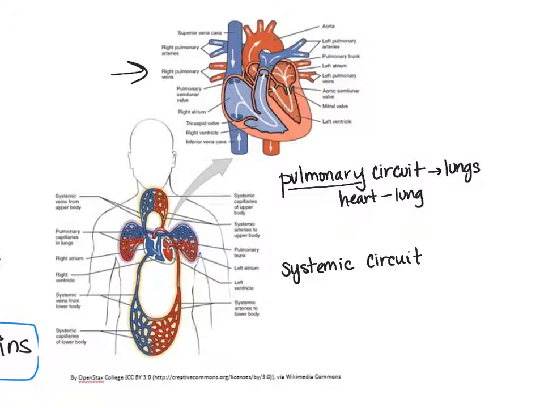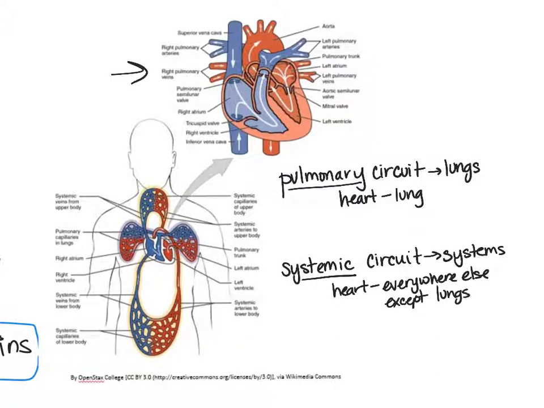Our systemic circuit, as it implies, is going to the rest of the systems, so throughout the rest of the body, so between the heart and everywhere else except the lungs. All right, so the systemic circuit and the pulmonary circuit.